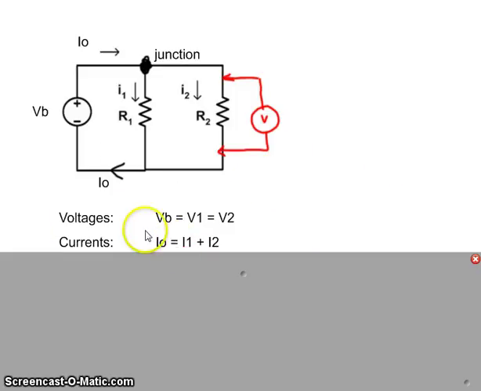The current, however, I0, the original current or the supply current, comes to this junction right here, and then every individual charge either moves through R1 or moves through R2, delivering the potential energy that they picked up with the battery.